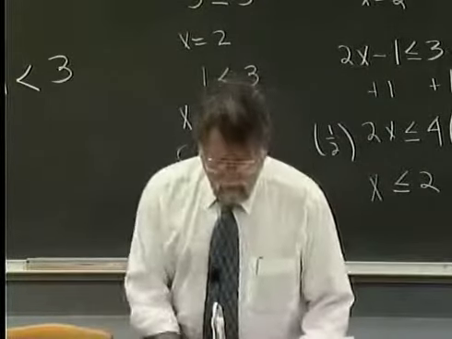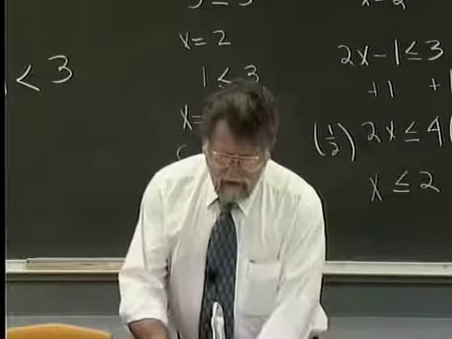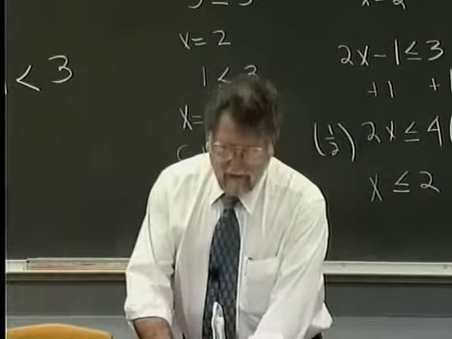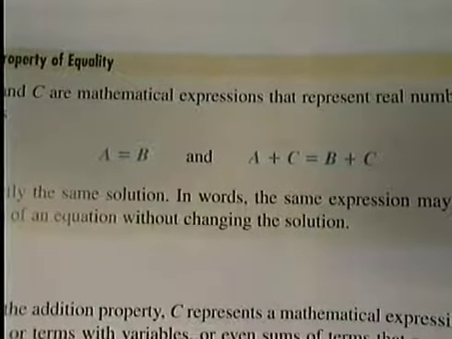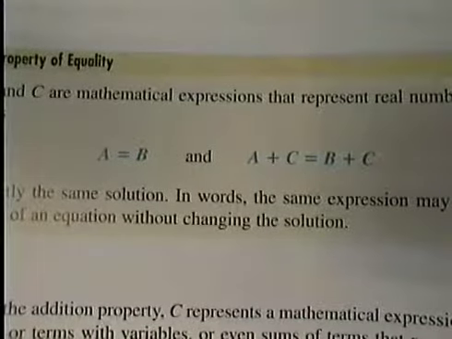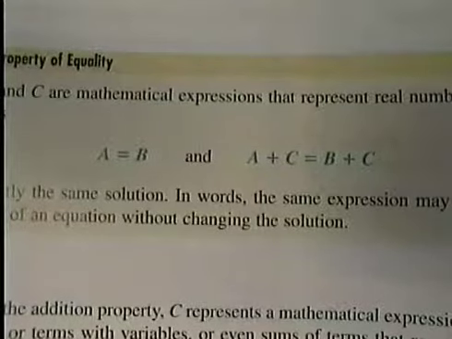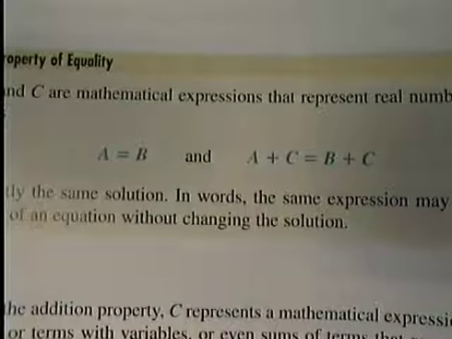If you have an equality, and this is the rather critical statement on page 90. If you have an equality, A equals B, A and B equal to each other, the statement is you can add C to both sides. And whatever you had as a solution in the original problem will be a solution in the new problem.